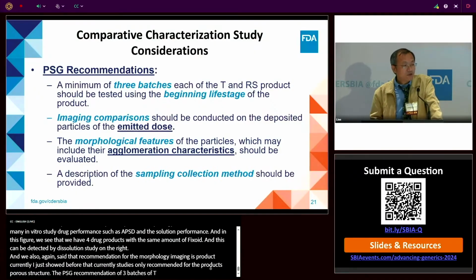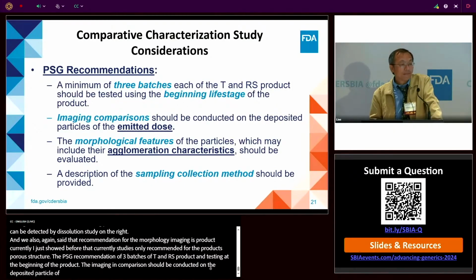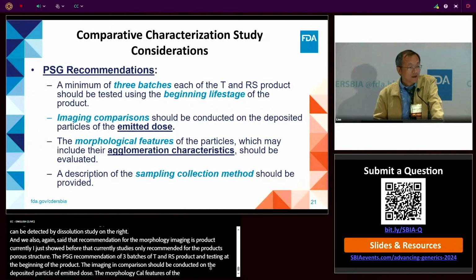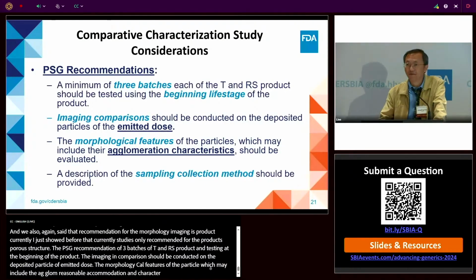And the imaging comparisons should be conducted on the deposited particles of the emitted dose. The morphological features of the particles, which may include the agglomeration and characteristics, should be evaluated. A description of sample collection method should also be provided.